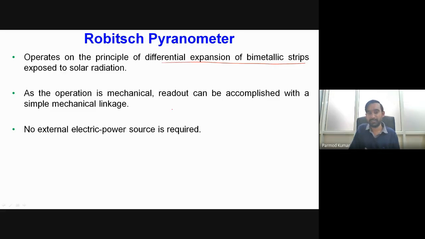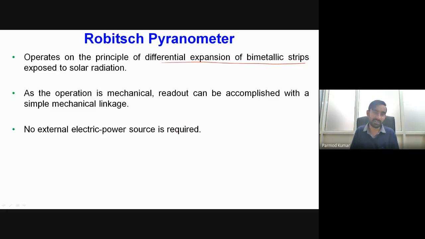We can employ some mechanical linkage and mechanical readout arrangement which, depending upon the change in curvature of this bimetallic strip, gives us an indication of the temperature. This device is also many times employed for continuous estimation of solar radiation throughout the day, because it doesn't require any external power source.